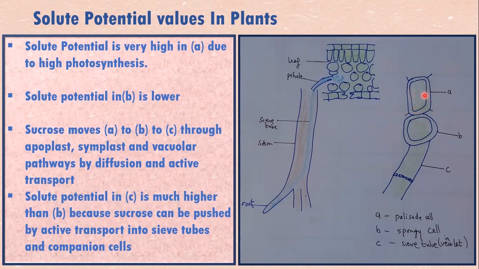That is why the diffusion can take place to move it into the spongy cells, but it can be highest still in the sieve tubes because of actively loading the sieve tubes. So let us look at the pascal values that we will put all this to. Pascal values of solute potential.